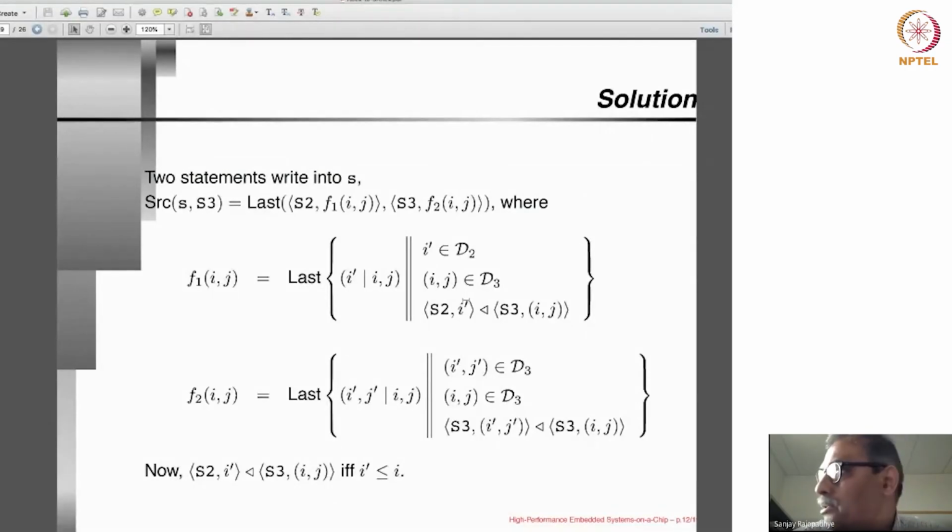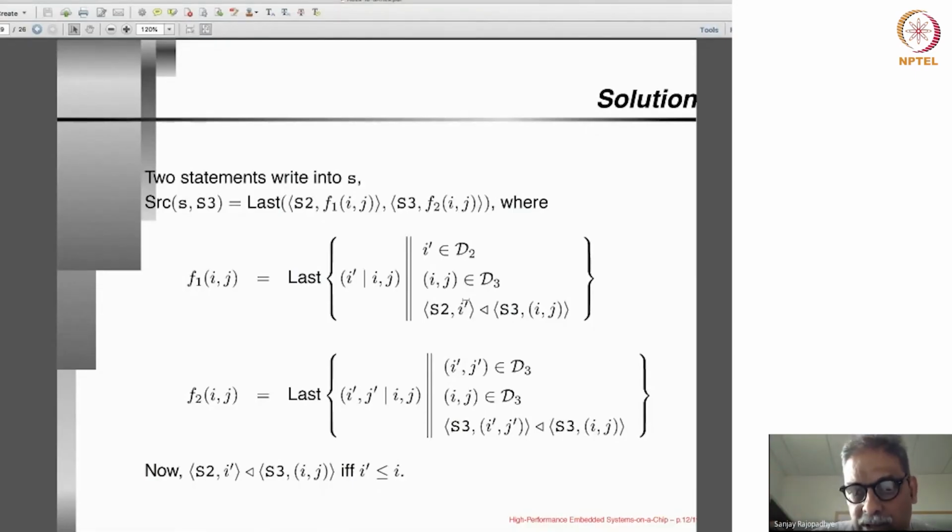S2 is a one-dimensional statement. So it is this last of i prime bar ij. So remember, I'm using the vertical bar to separate z prime and z. And remember that I'm going to eventually use the ij in this as parameters. I want my left-hand side to be a function of ij. Okay? So it is the last i prime such that i prime belongs to D2, ij belongs to D3.